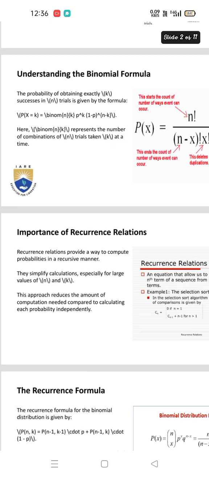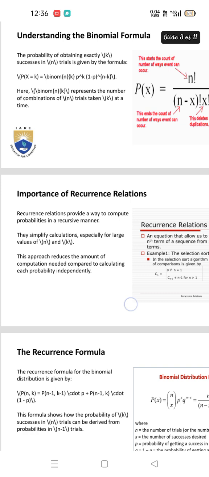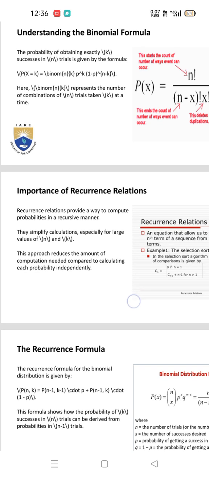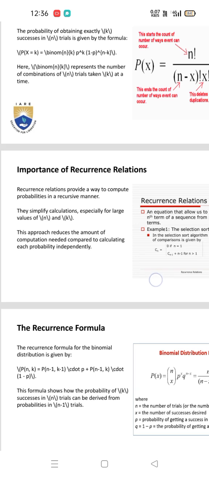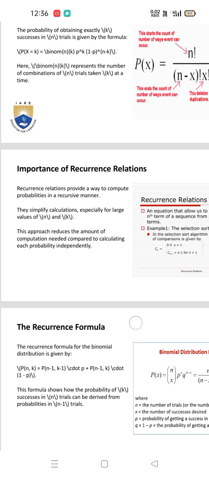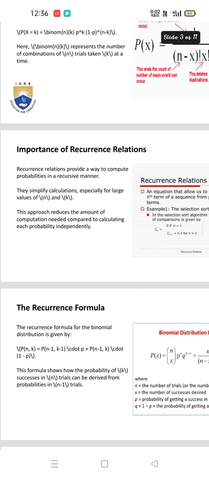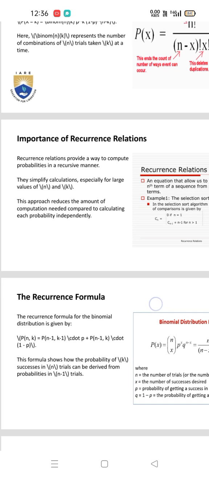Importance of recurrence relations. Recurrence relations provide a way to compute probabilities in a recursive manner. They simplify calculations, especially for large values of n and k.